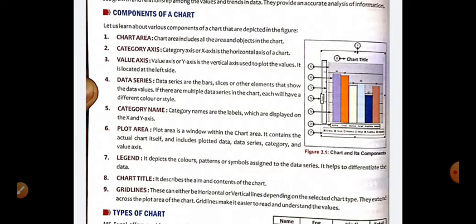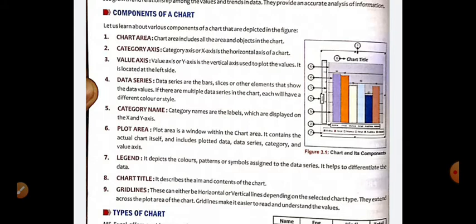Next, chart title, that means the name of the chart. It describes the aim and contents of the chart. That means for what purpose we have designed this chart, it has been decided under it. Next, grid lines. These can either be horizontal or vertical lines depending on the selected chart type.